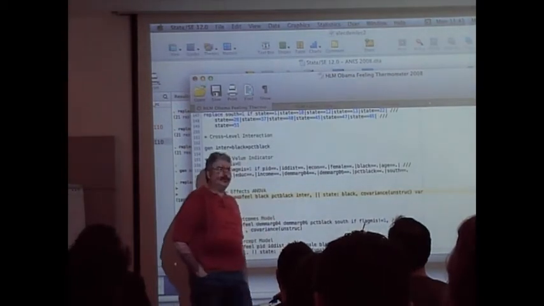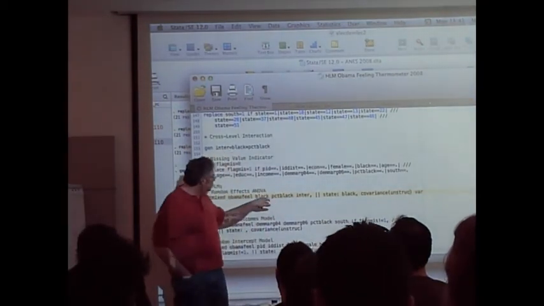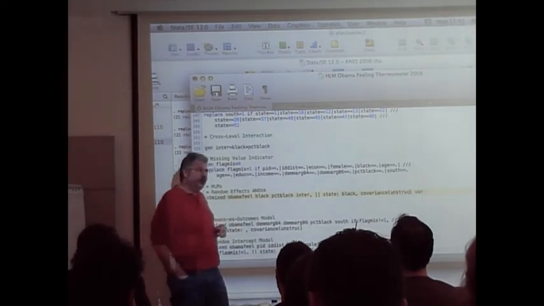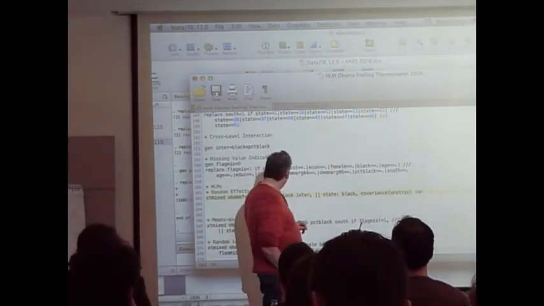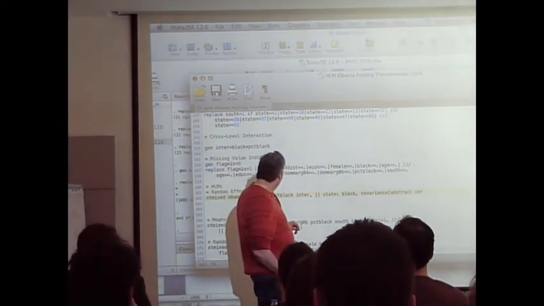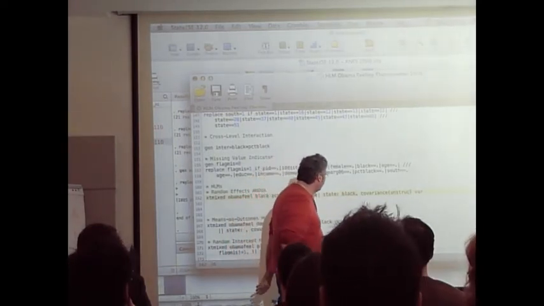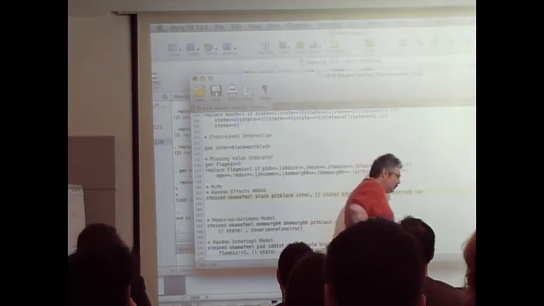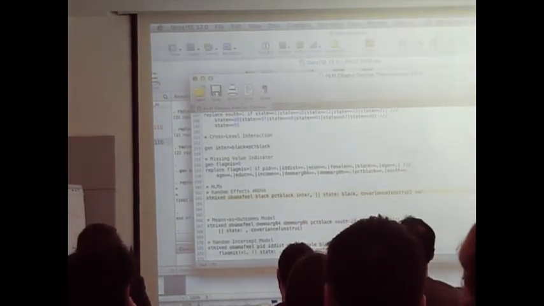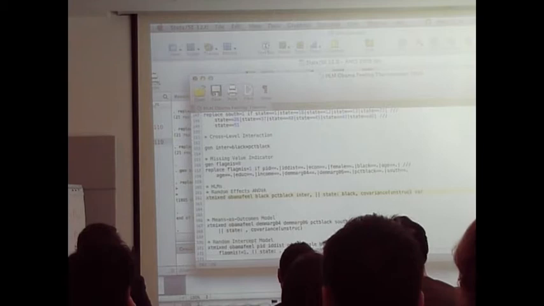There's no descriptive term of interest, no interaction between those two things. Then we have state. I let the effect of black vary. Covariance is unstructured. So let's see what happens when we estimate this. This is in theory identified, just to point out.